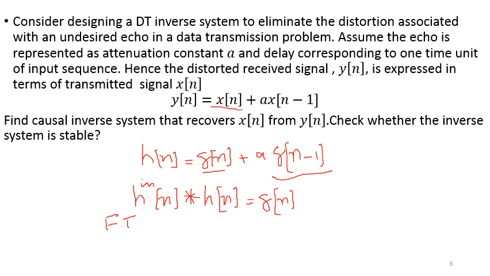So h inverse will have Fourier transform H inverse of j omega. In fact, we replace this omega by capital omega because we have used this notation. I hope you understand.